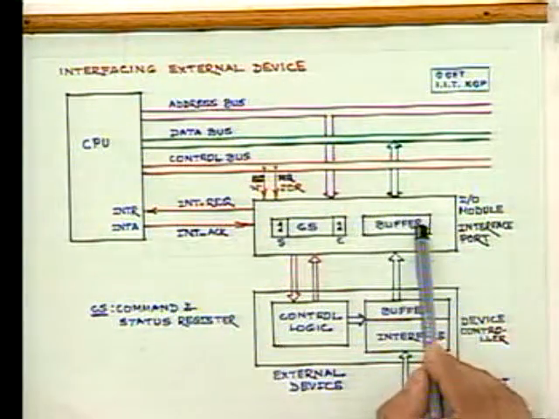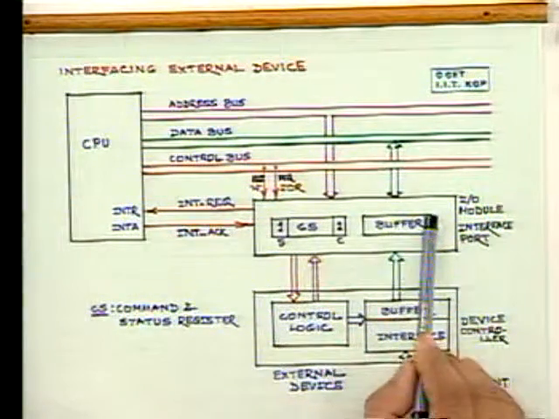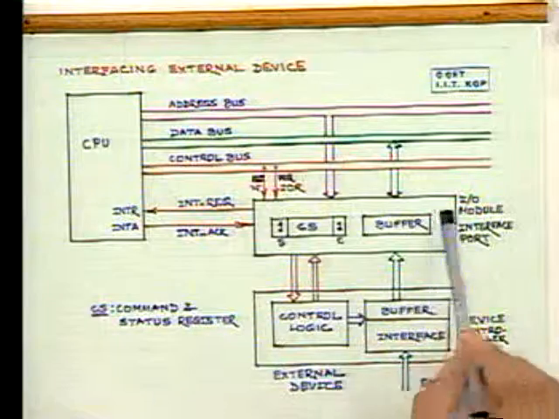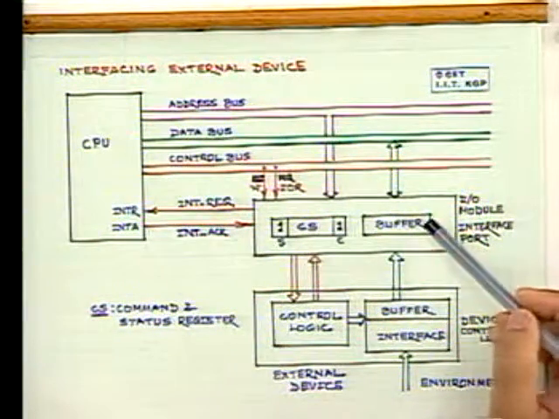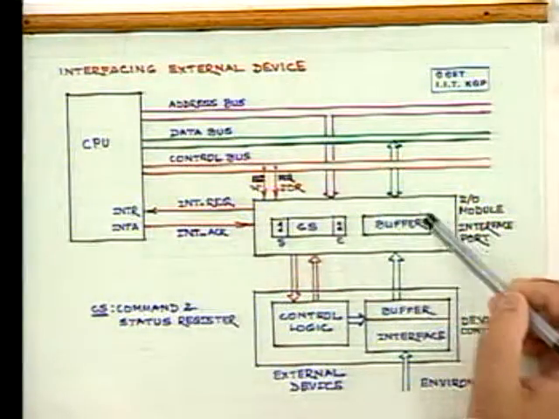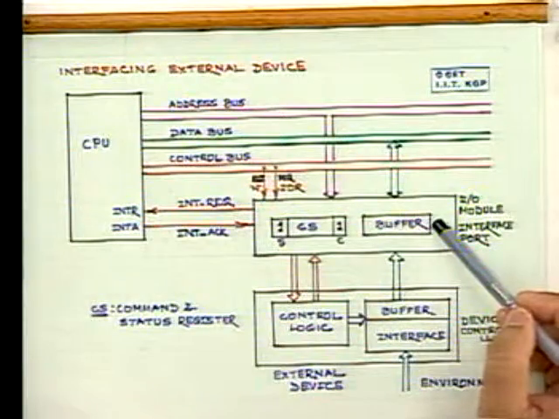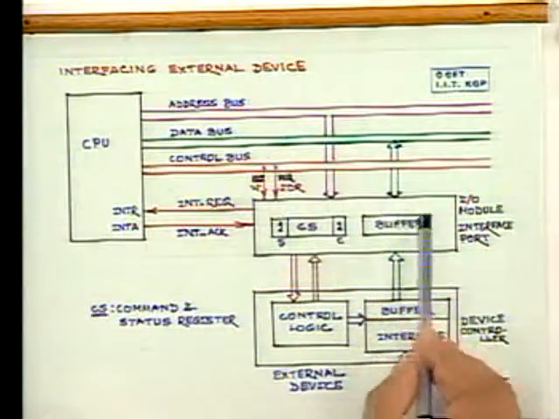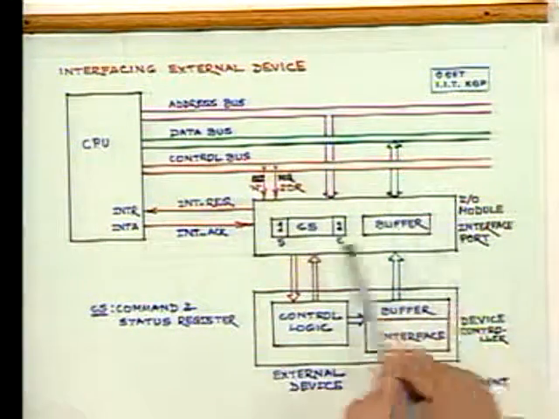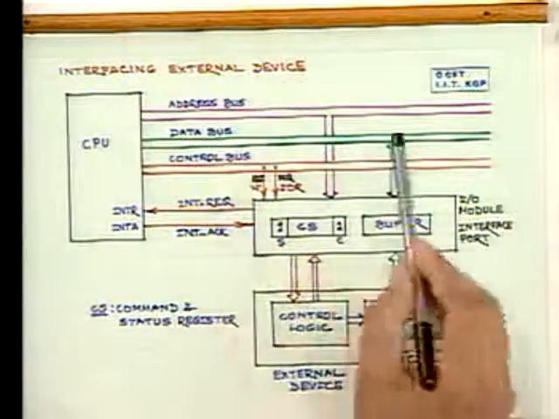The buffer register here, I showed it to be a single byte or word, but in many cases, like a hard disk drive or floppy disk drive, that interface buffer may be quite big. It may be half a kilobyte, even several kilobytes, so that the data transfer between the CPU and that port, that interface module, can be made fast.